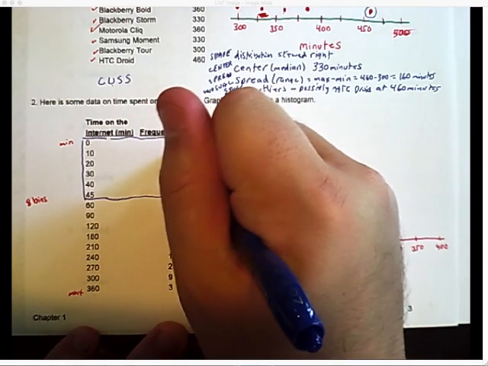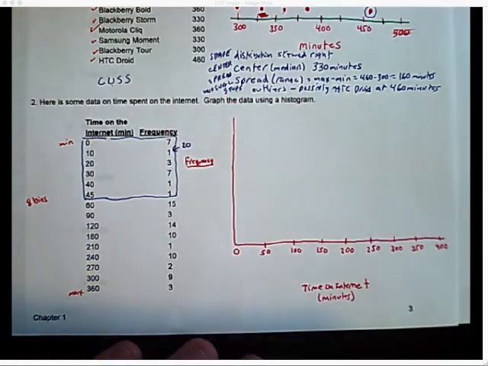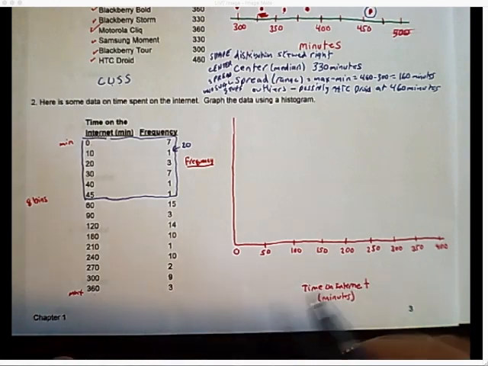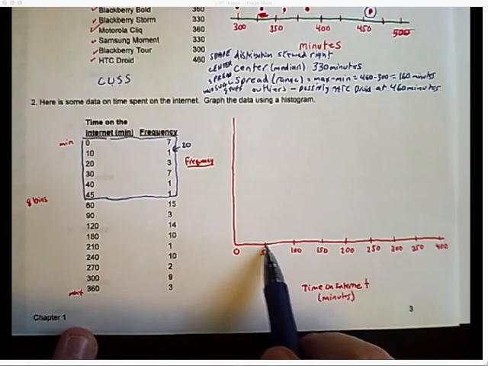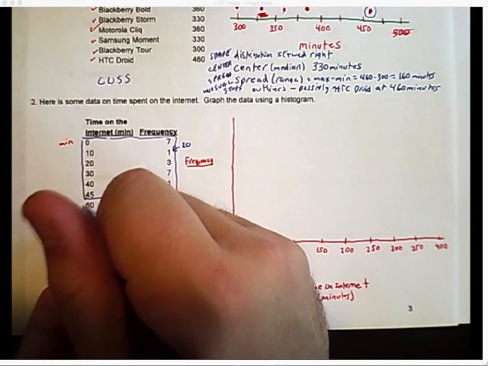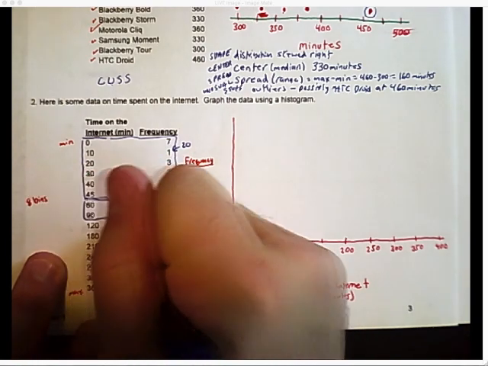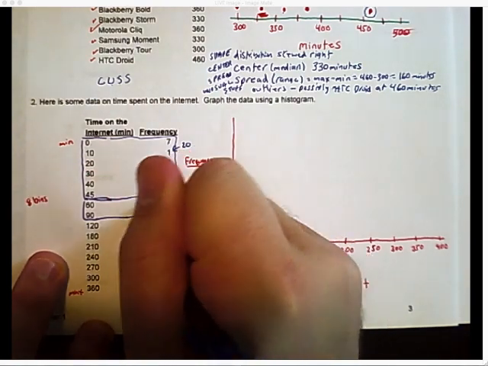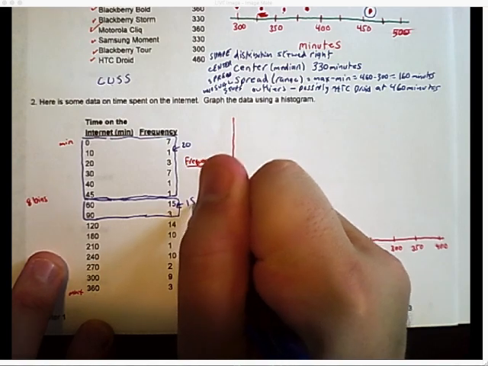There are 20 people that spend less than 50 minutes. Now we're going to go from 50 up to something less than 100. So these people represent that bin. There would be 18 people there.